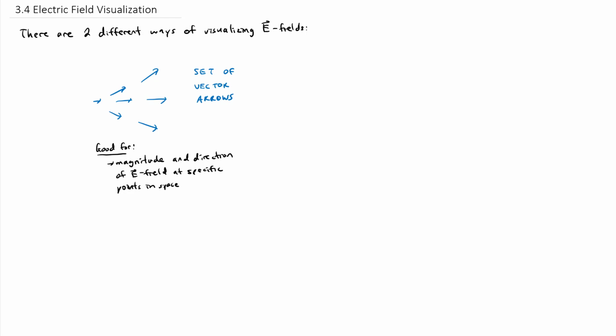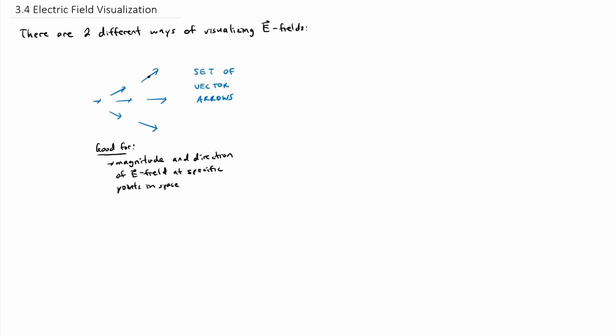Every single vector is associated with a position in space. So if we want to know how strong the field is and what direction it's pointing in at a specific location, for example, right over here, then this would be a good representation to use.